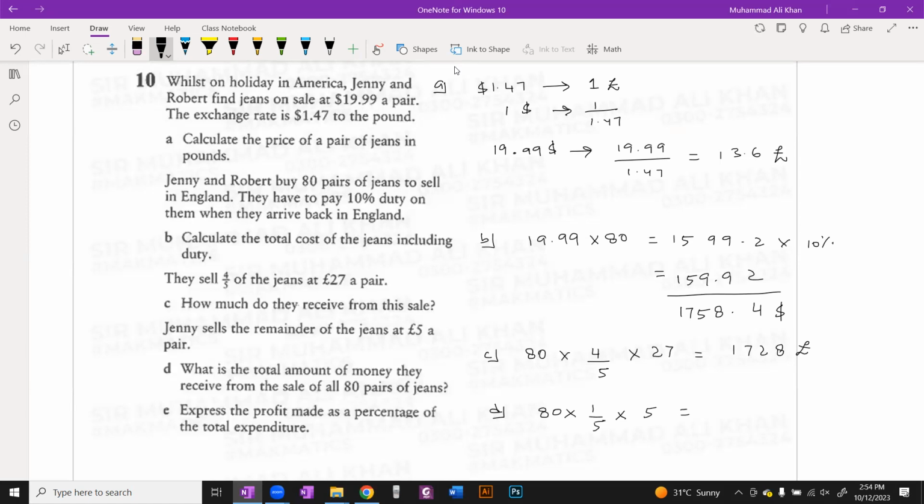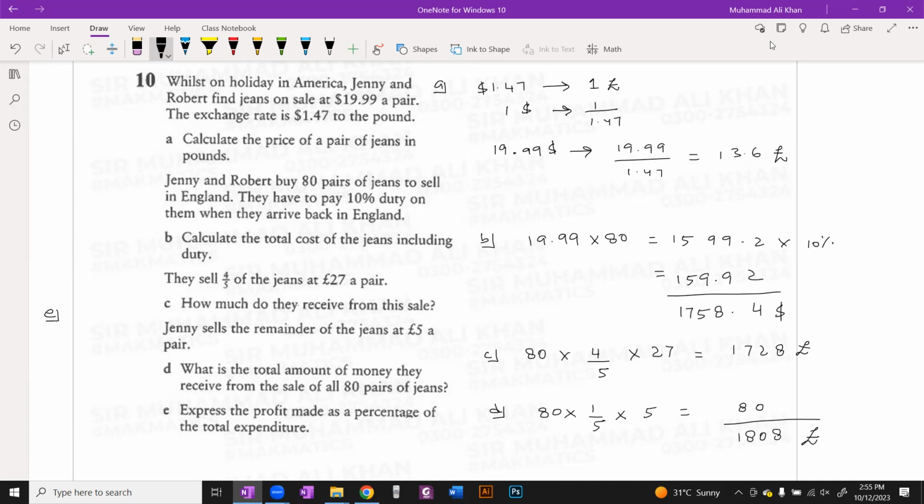What is the answer? 80. अब आपसे पूछा गया, what is the total amount of money? So total amount of money is 1728 plus 80. 1808 is the total amount they receive.